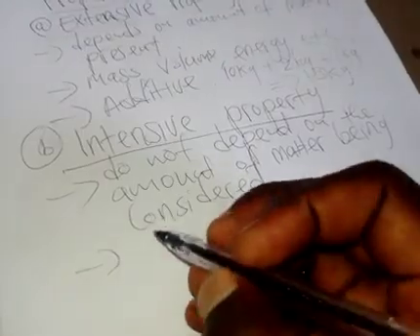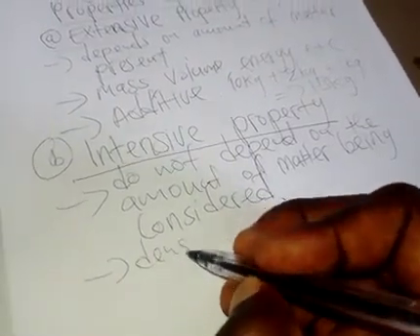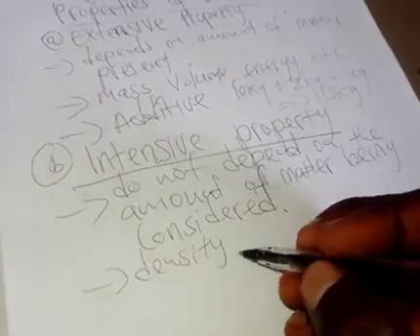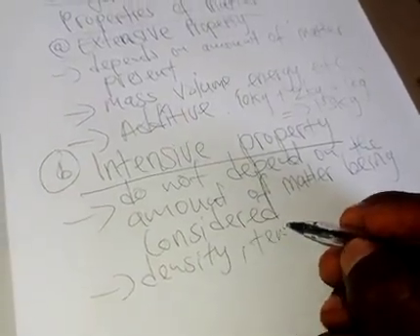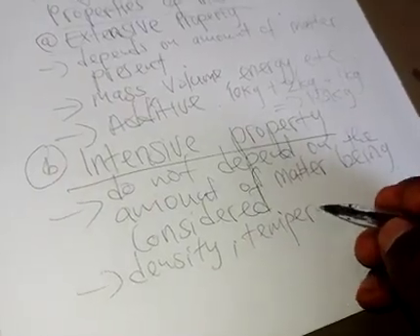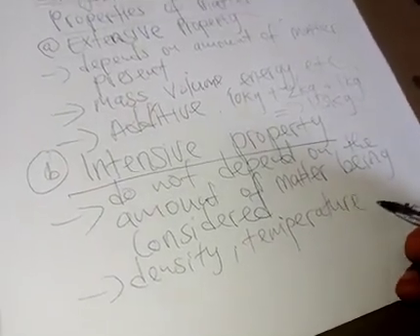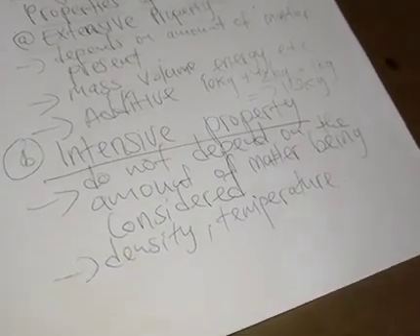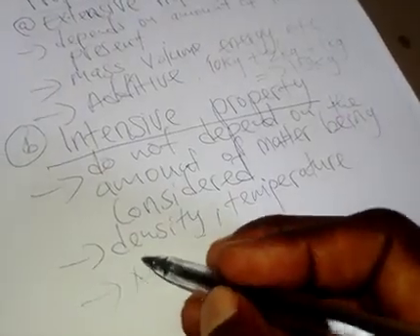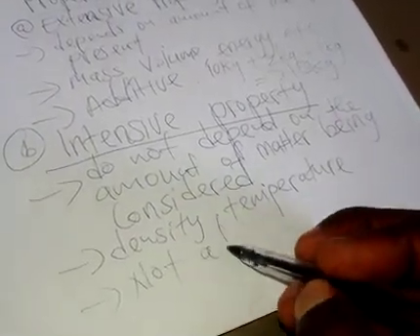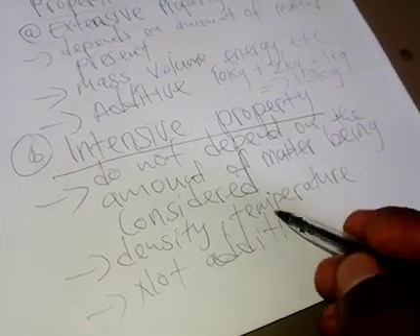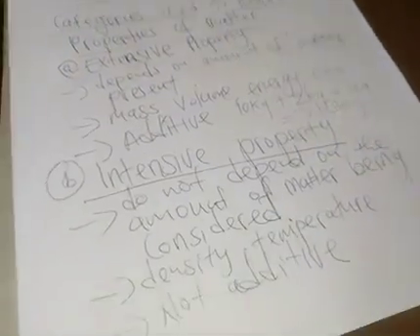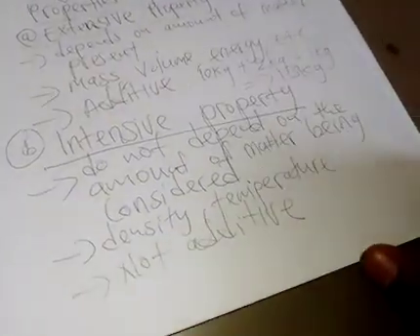I'll give two examples: density and temperature. So density and temperature are some examples of intensive properties. These are not additive.